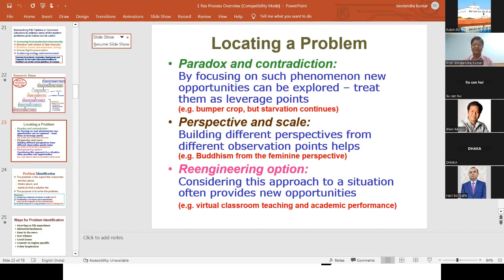The second is perspective and scale. Building different perspectives from different observation points helps, like Buddhism from the feminine perspective. So there are so many perspectives related with feminism and Buddhism.